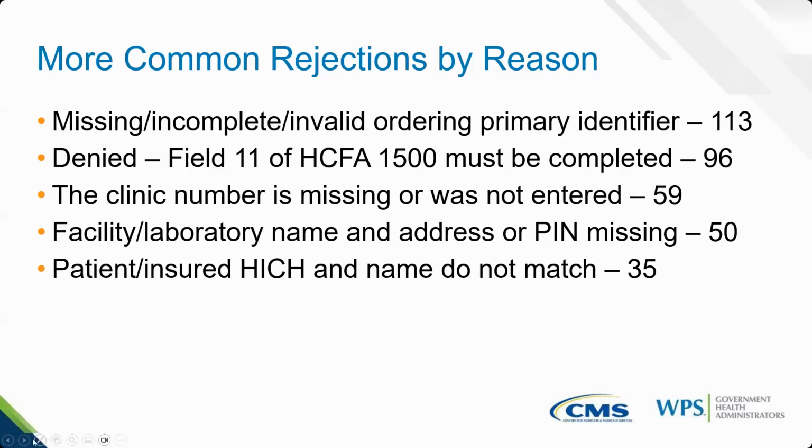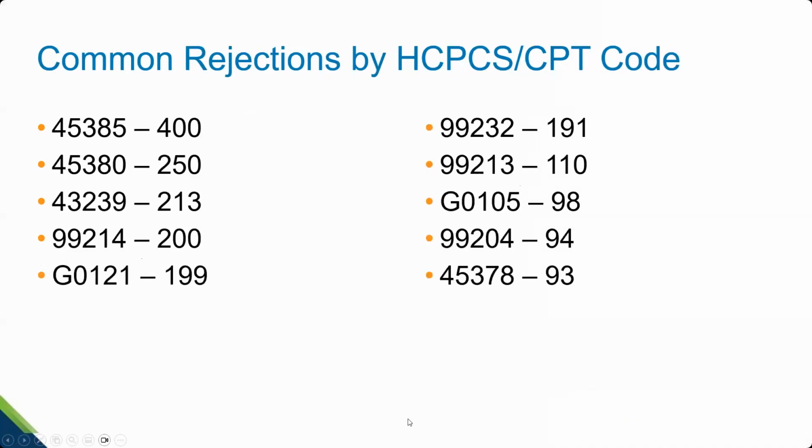So as I mentioned to you, these rejections that I've just revealed to you are the most common rejections for gastroenterologists. I thought it would be interesting to share with you, for those common rejection reasons, those common rejections by HCPCS and CPT code. So these are the codes that rejected based on those most common rejections that I just talked about.